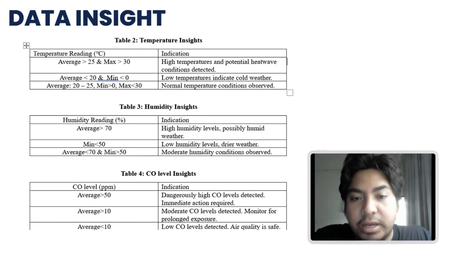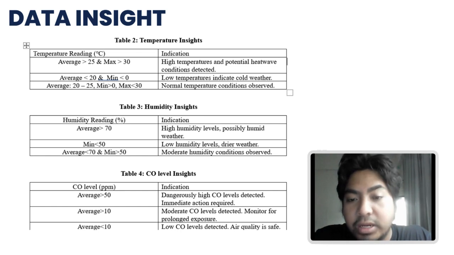One example: if the average temperature reading is higher than 25 and the max reading is higher than 30 Celsius, it will indicate high temperatures and potential heat wave conditions detected. Same for the humidity insight: if the average reading is greater than 70%, it indicates high humidity levels and possibly humid weather.